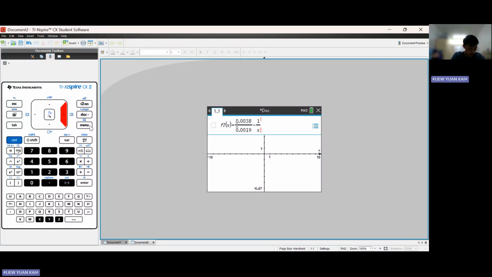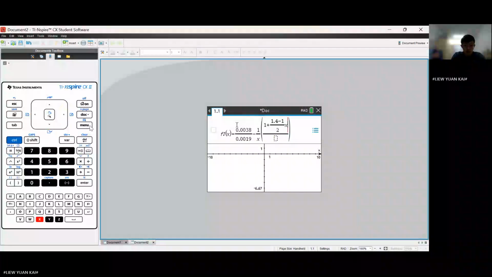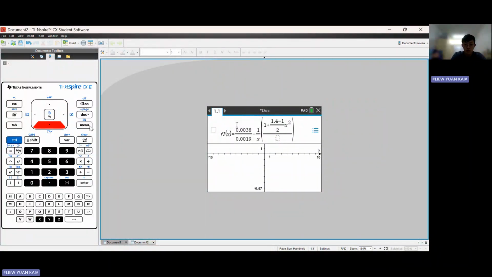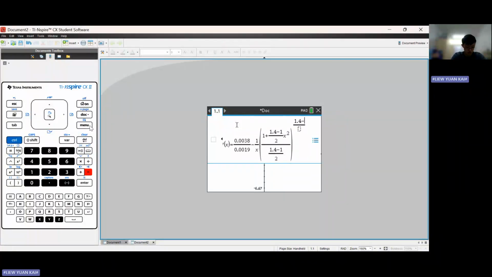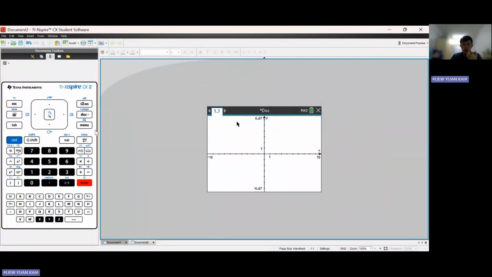The Mach number is unknown, so label it with X. Copy down that fraction. Now we plot this.